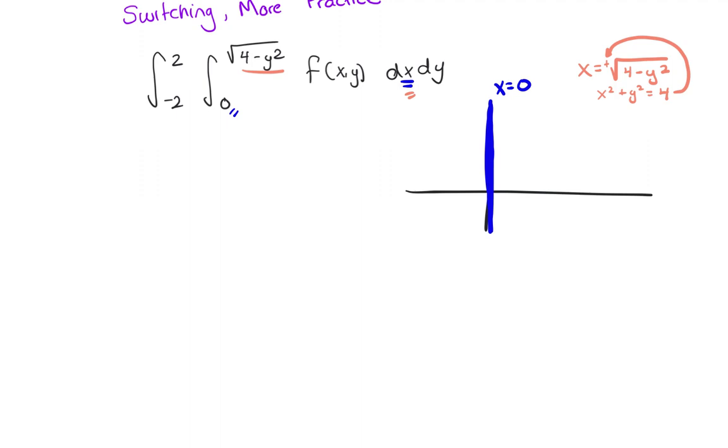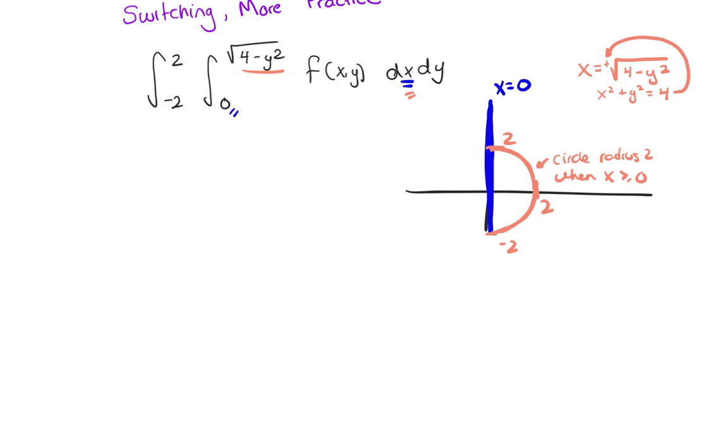So I have a circle of radius 2, but only the parts where x was positive. So that's what I have so far for my curves for x.